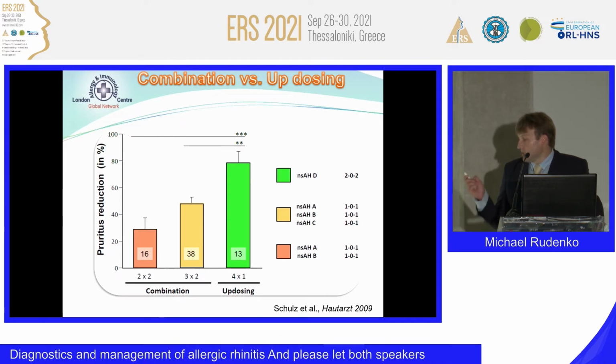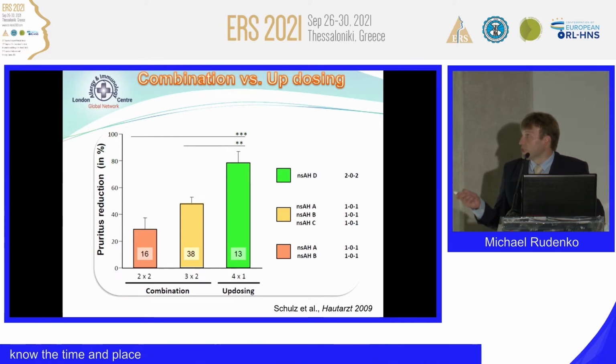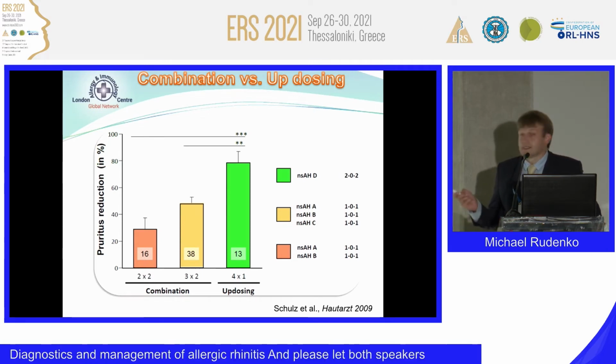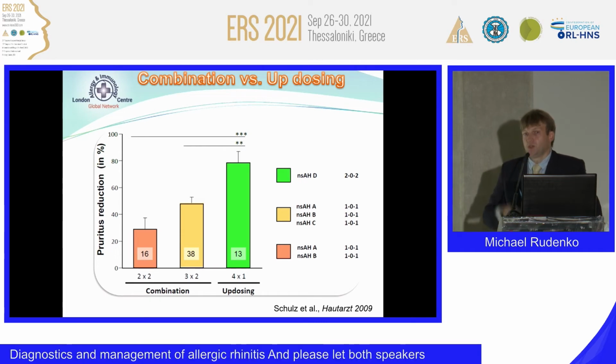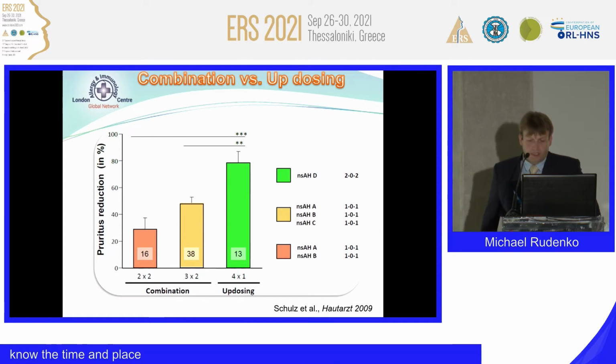So this trial showed that a combination of two or three antihistamines given during the day has a lesser effect than a high dose of the same antihistamine. So if one is not working and the patient chooses to increase the dose, doing it by mixing different antihistamines is not a good idea, just because of that.